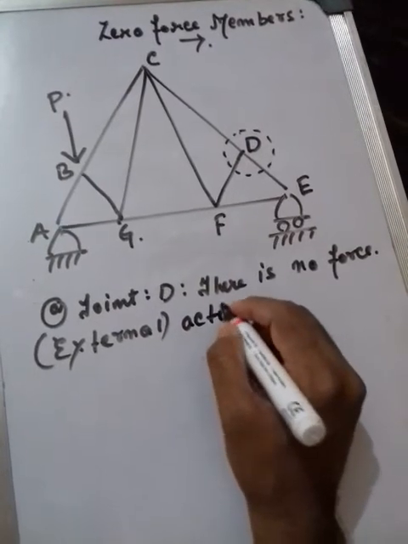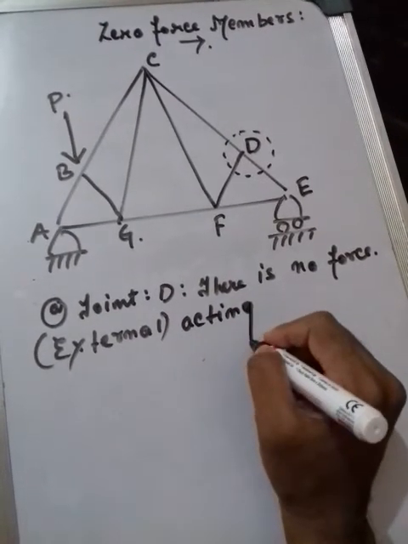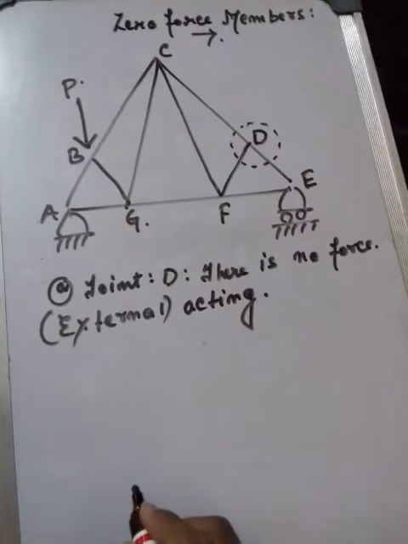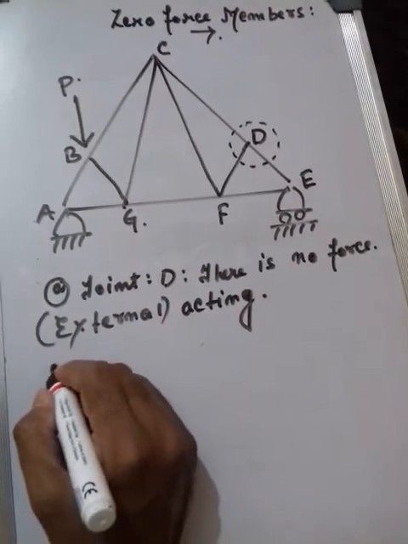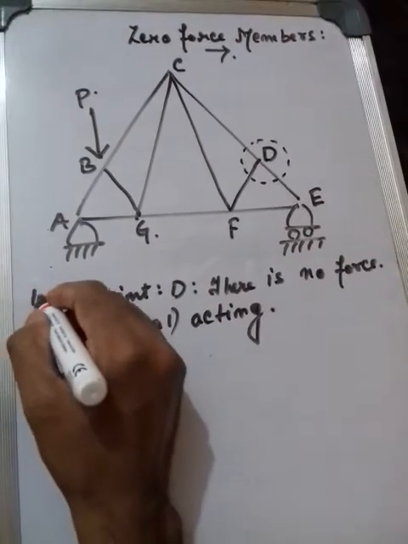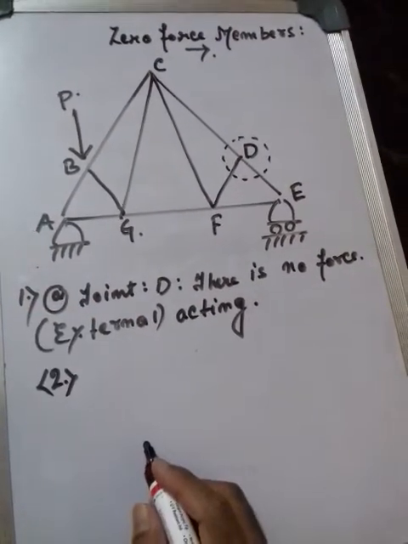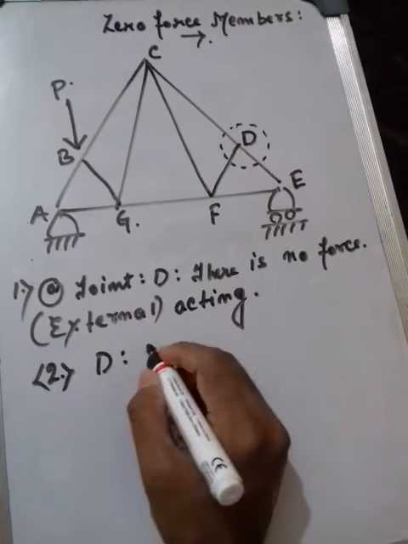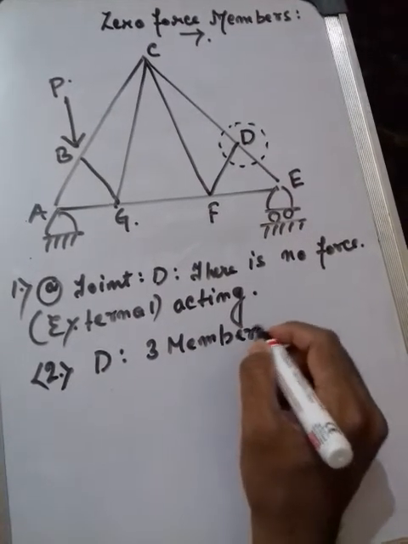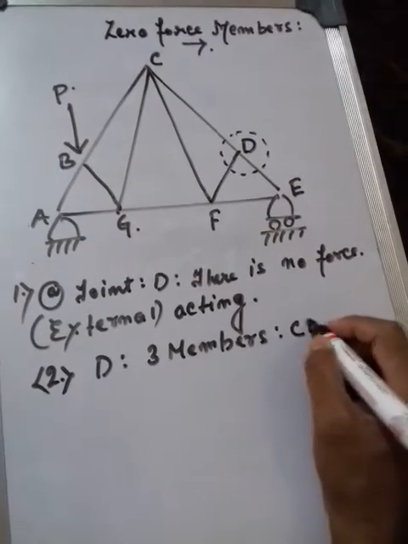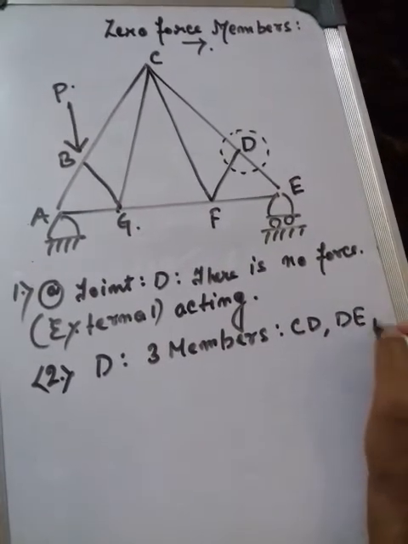This was the first property. The second property is, at joint D there are three members. What are the three members? CD, DE and FD.